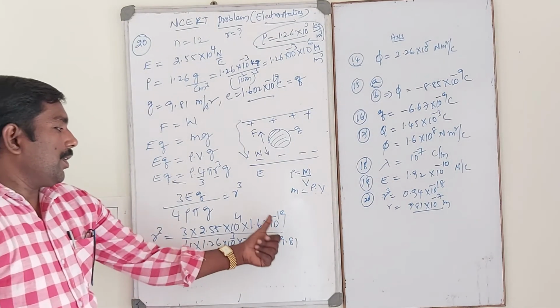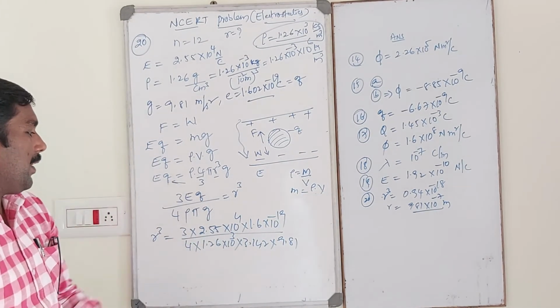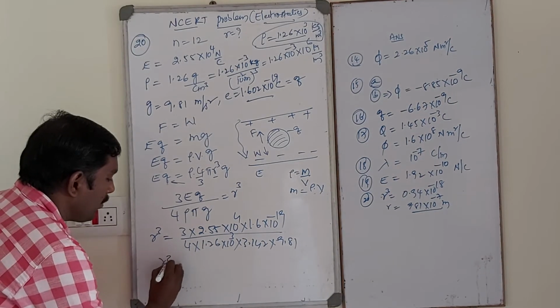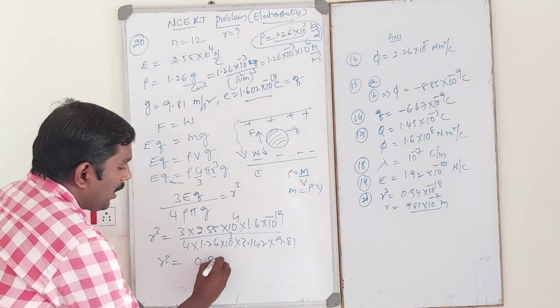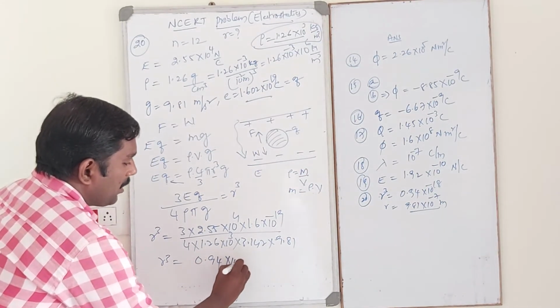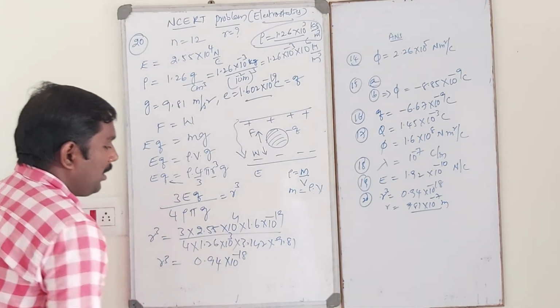So by using calculator we will get the final answer. Then R cube is equal to, so dear students, 0.94 into 10 to the power of minus 18.